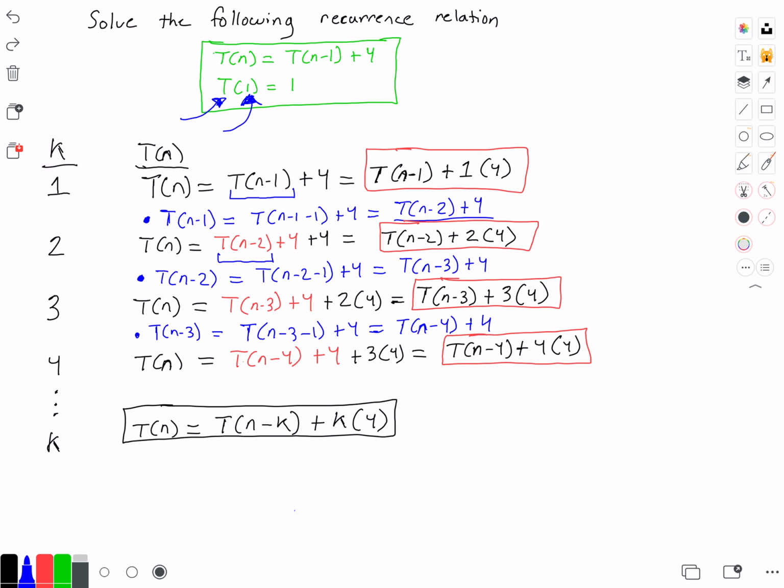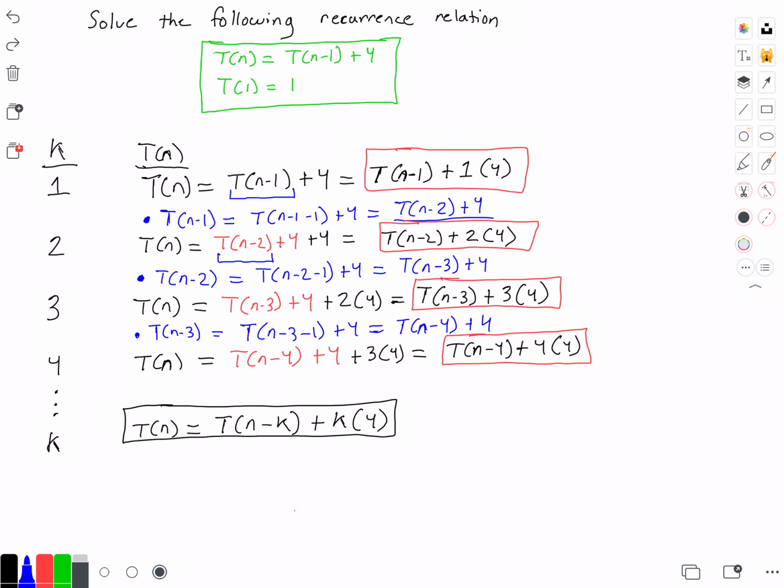All right, so all we have to do is make the input for T equal to 1. So the input is right there, and our input is n minus k.